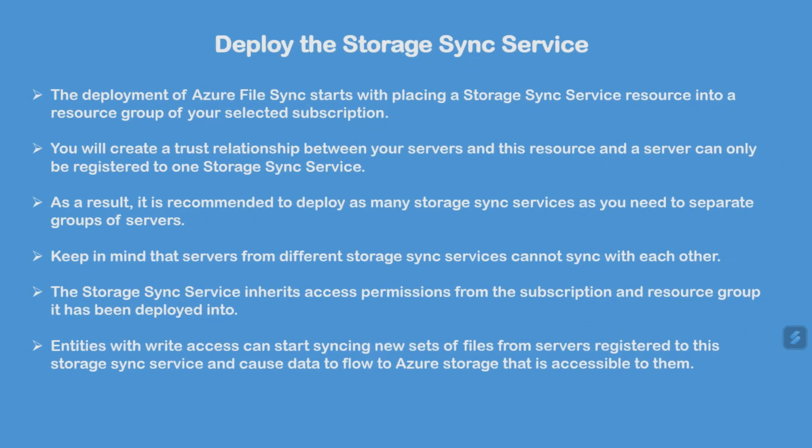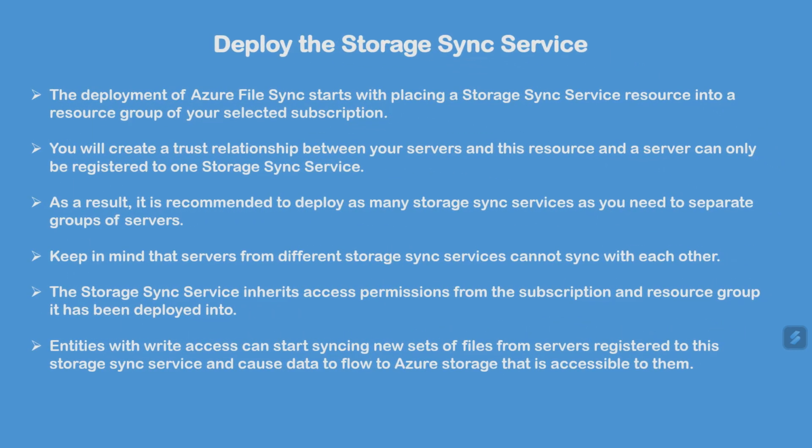Further, now let's talk about the main deployment of the storage sync service. The deployment of Azure File Sync starts with placing a storage sync service resource into a resource group of your selected subscription. You will create a trust relationship between your servers and this resource, and a server can only be registered to one storage sync service.